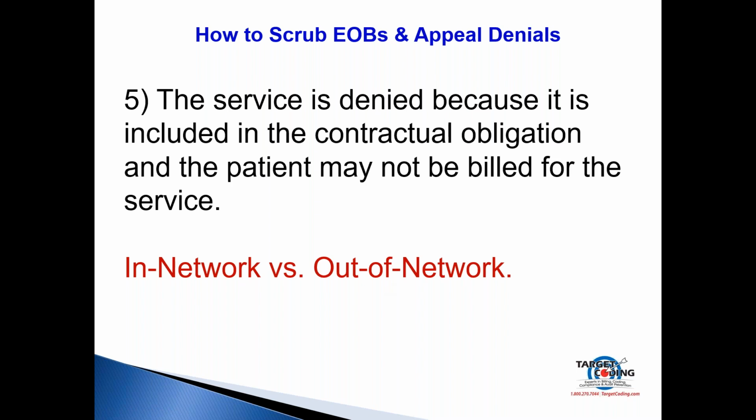Number 5, the service is denied because it is included in the contractual obligation and the patient may not be billed for the service. Whoa, time out. I'm out of network. What do you mean I can't bill the patient? I see that happening more and more. Insurance companies are trying to get patients to go in network.